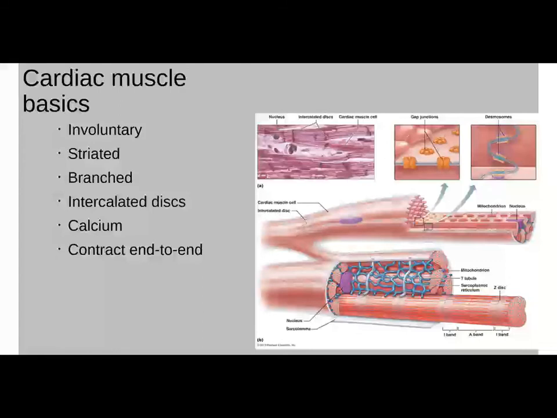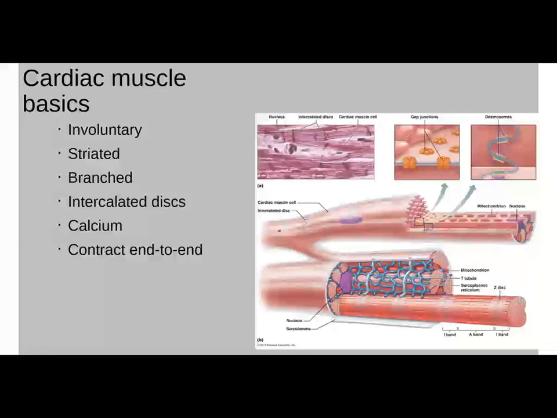It is striated the same way that skeletal muscle is striated, and that's because it does use sarcomeres. It contracts end to end the same way that a skeletal muscle cell does. Unlike a skeletal muscle cell, though, it's branched.